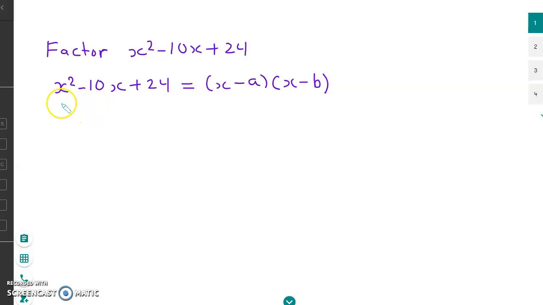So factoring x squared minus 10x plus 24 means expressing it as x minus some number times x minus some other number.